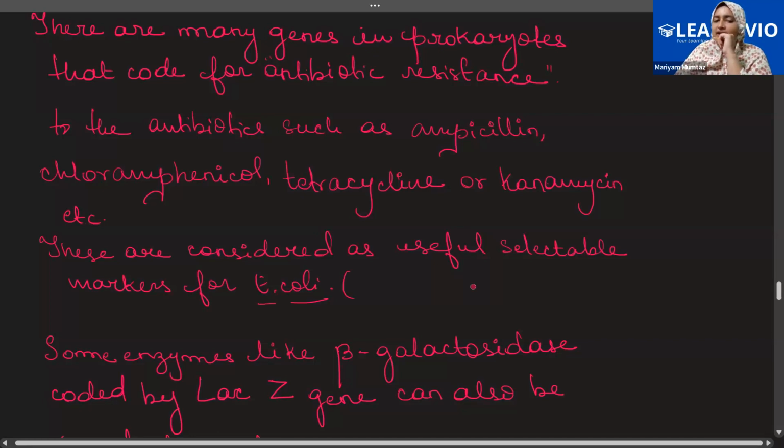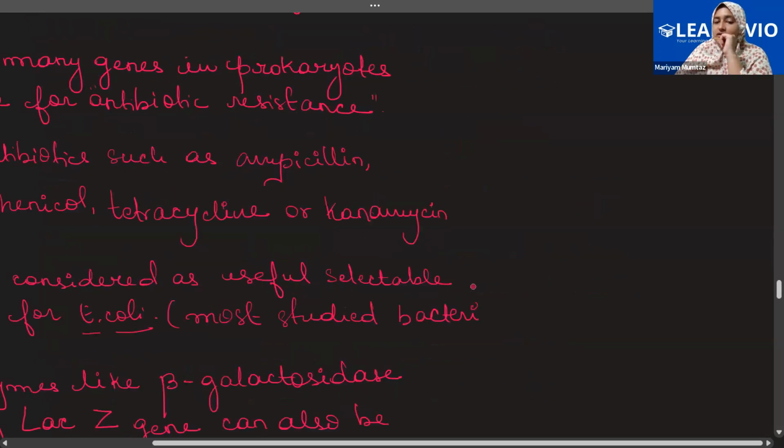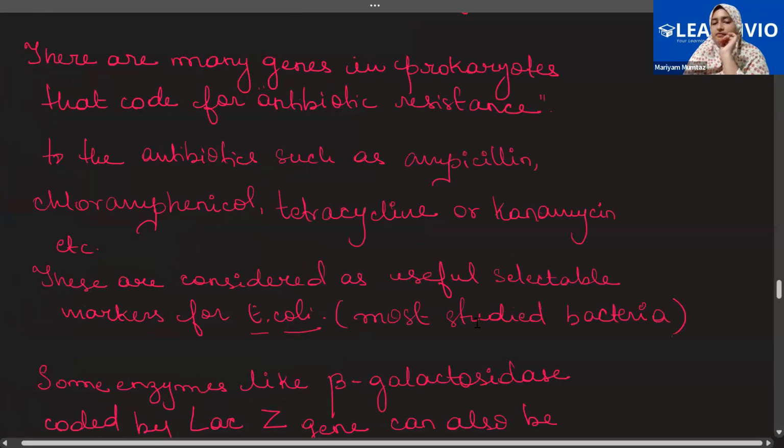Wherever we talk about any bacteria, we always take the example of E. coli, isn't it? So why? Because it is the most studied bacteria. It has been researched a lot. So that is why E. coli.